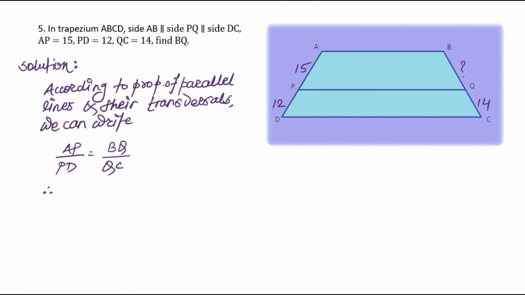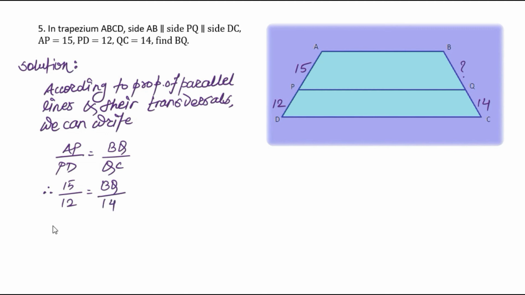Therefore, now substitute the values. AP is 15, PD is 12, BQ I have to find, and QC is 14.